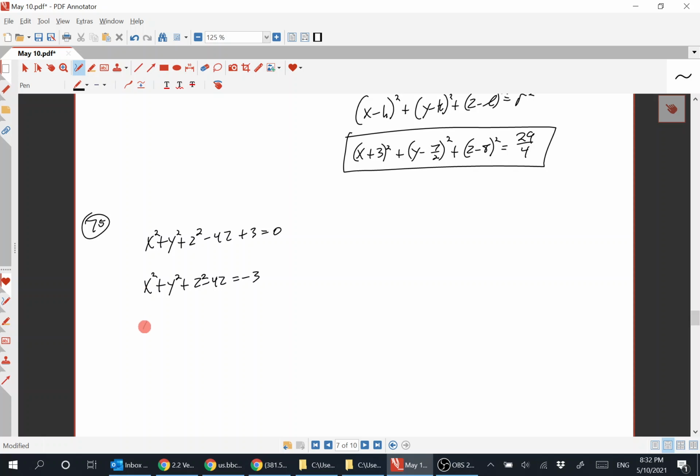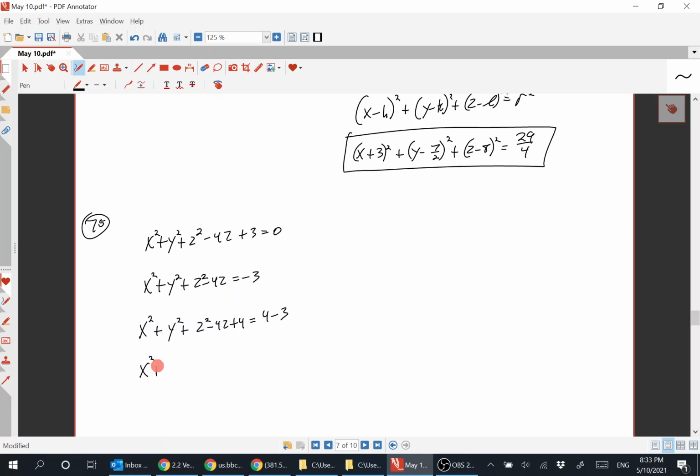Now complete the square. Well, x squared is a square, y squared is a square, z squared minus 4z, take the 4, divide by 2, and you get 2, and square it, and then add the 4 to both sides of the equation. All right, so we add 4 on the left and add 4 on the right.